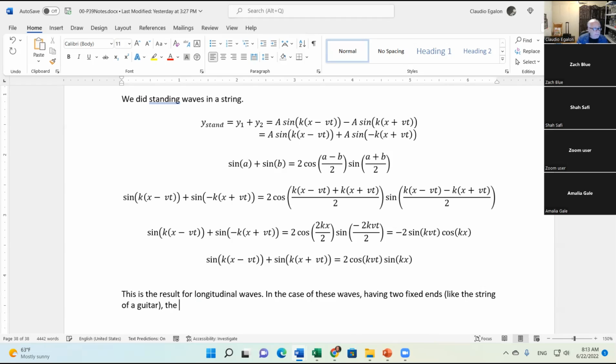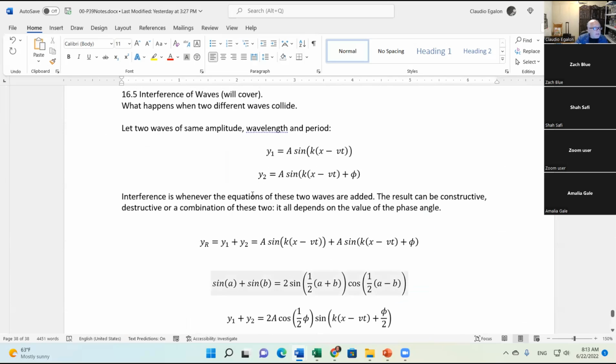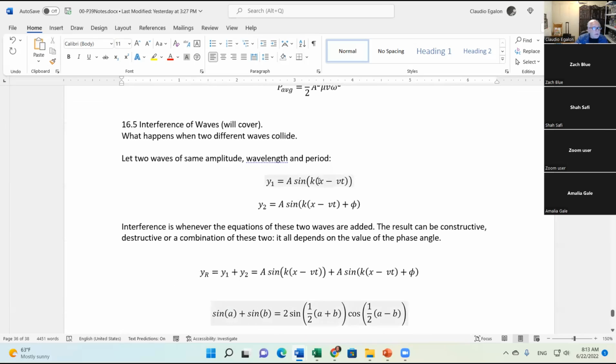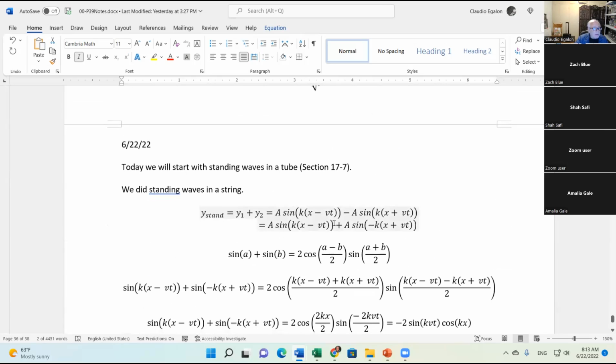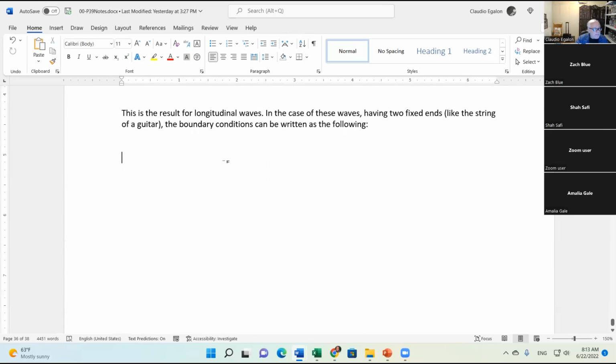Okay. The boundary conditions, we call it the boundary conditions, can be written as the following.